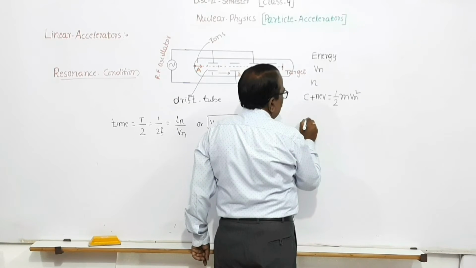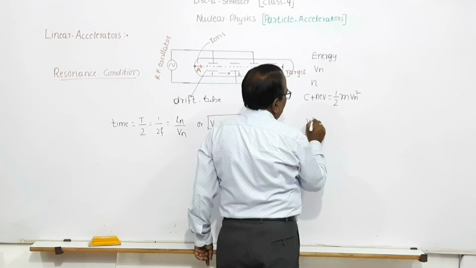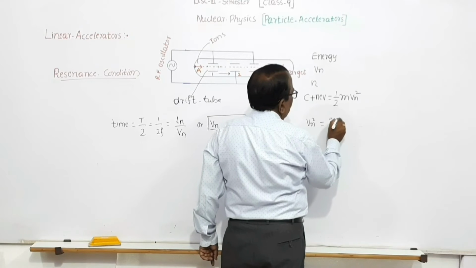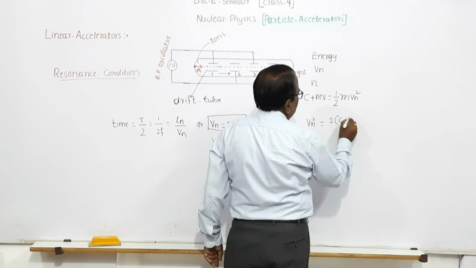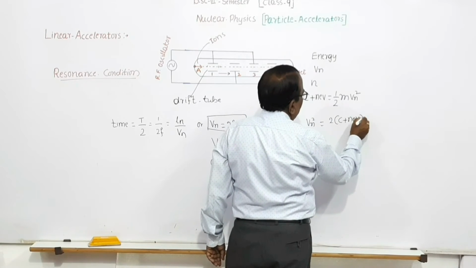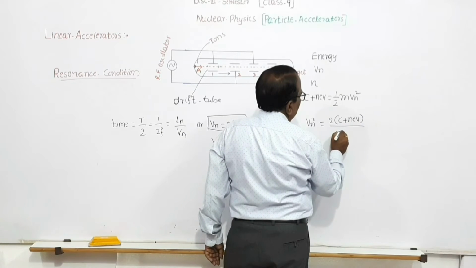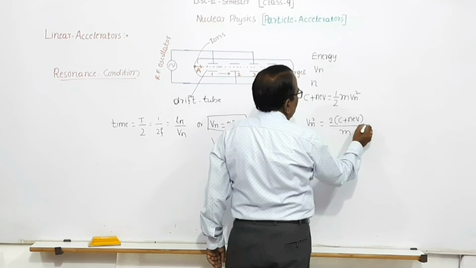From this, Vn square is equal to 2 times C plus NeV upon m.